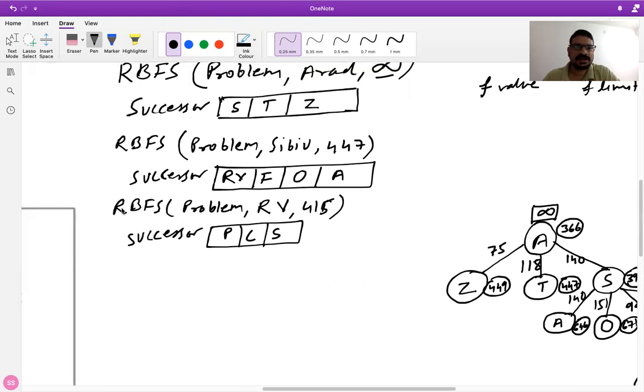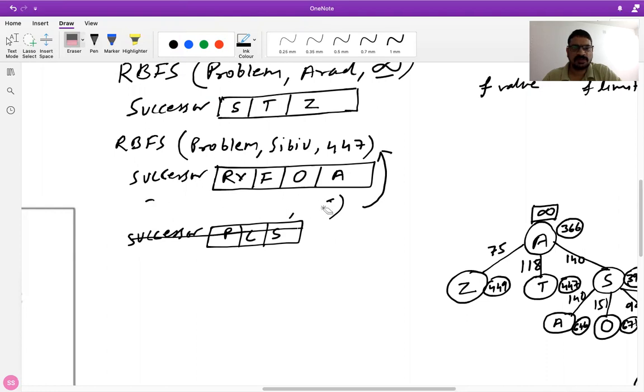If there is a failure, this particular node is no longer required, and we go into our previous function. Because it is a failure, I'll remove this.